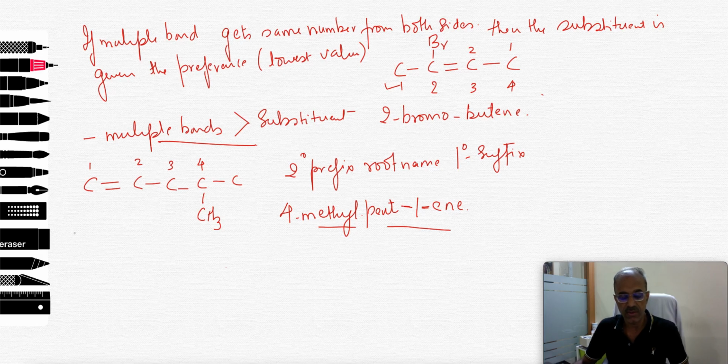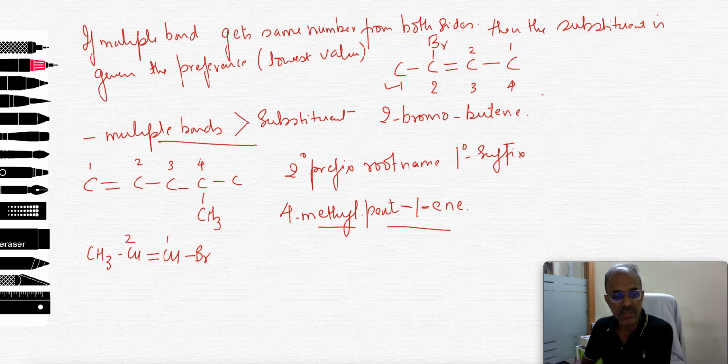Fine. Now suppose I take another example, CH3 CH double bond CH dash Br. Understood? The numbering has to be given from here.